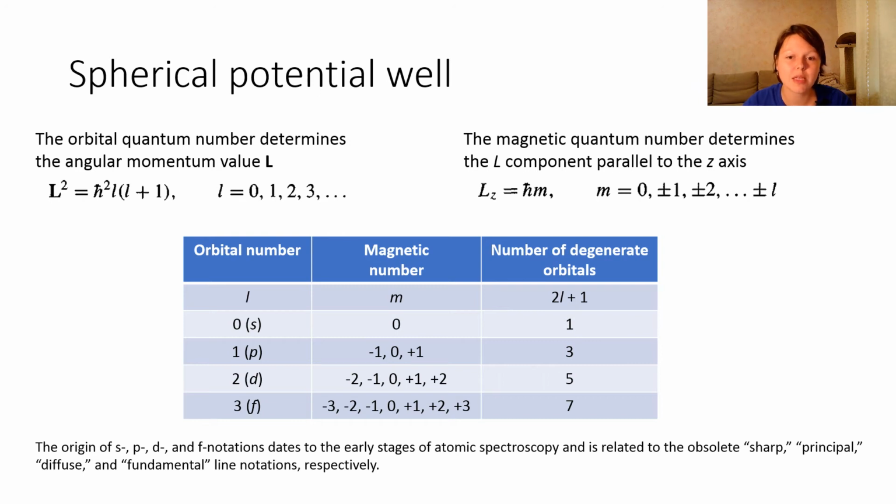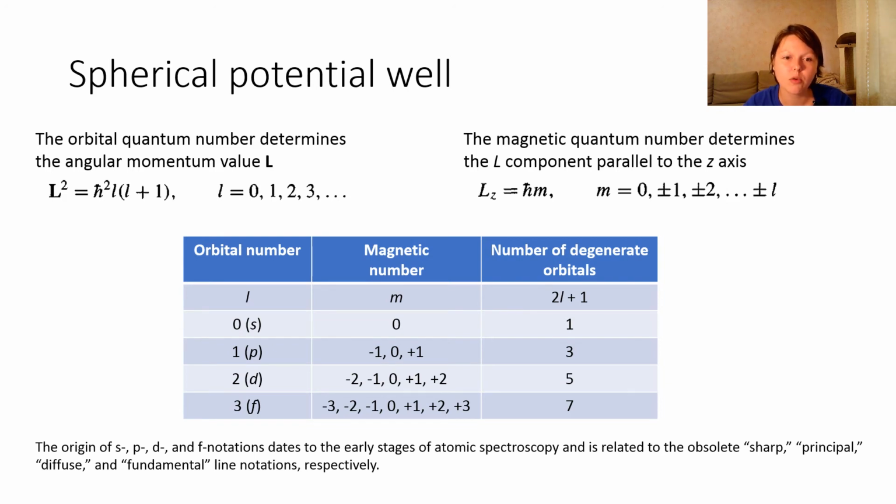So if we have three degenerate orbitals, it means that electrons on these orbitals will have the same value on this level. If we have orbital number equal to 2, we will have d states or d orbitals, and there will be 5 degenerate orbitals. On the orbital level equal to 3, we have 7 different but degenerate f orbitals or f levels.